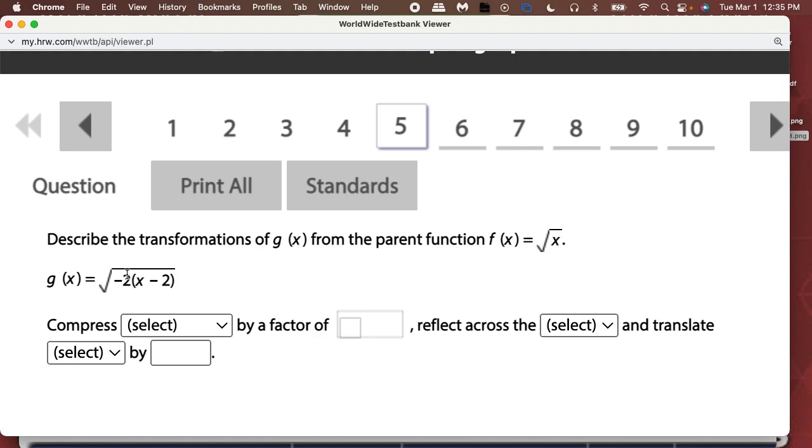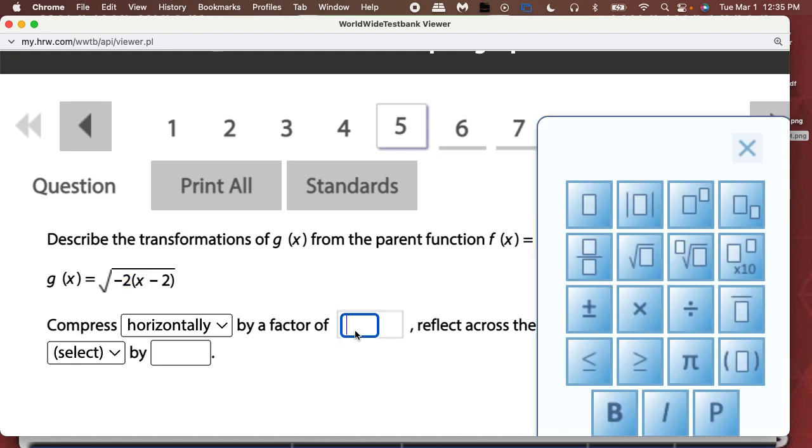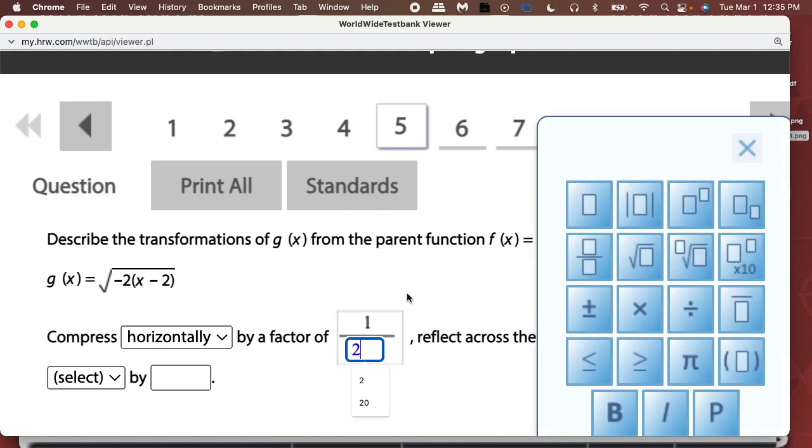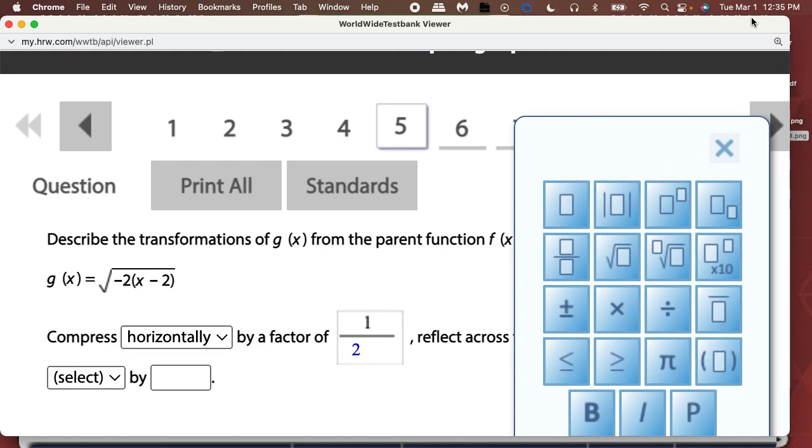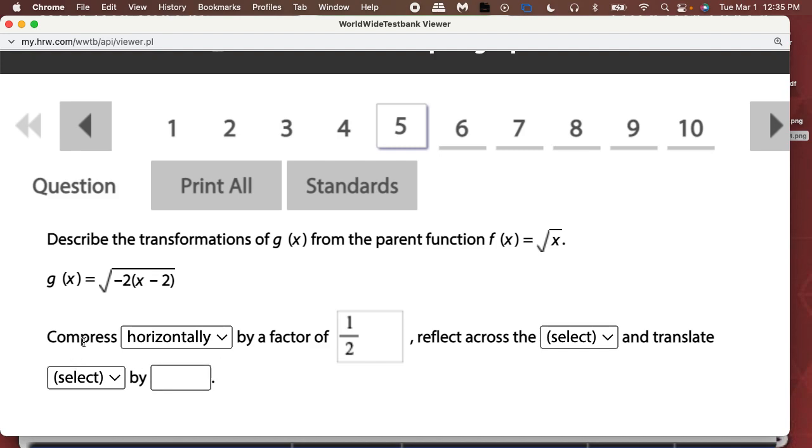Yes, okay, I'm multiplying inside, so that's a horizontal compression. I'm talking about this guy, and I have to take its reciprocal for it to be the factor that compresses, okay? Compress means I'm multiplying by a number less than 1 right here. Remember, we don't have a negative on the factor. The negative comes with the reflection. It's on the inside, so I'm changing the x values.